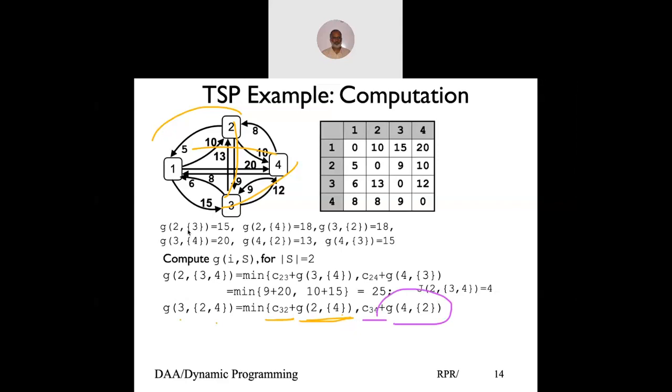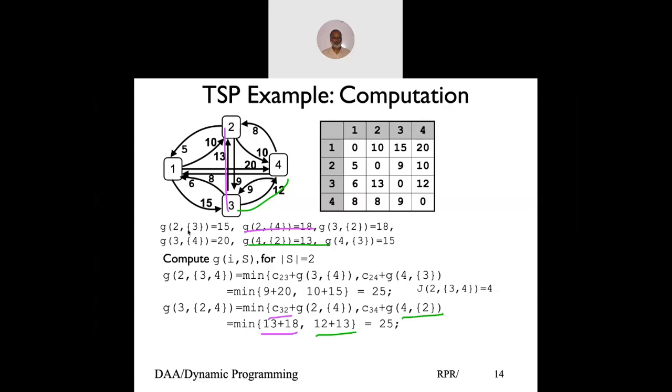So look at this here. C32 is 13, and G(2, {4}) is 18. So this gives me 13 plus 18, 31. Similarly, if I go from 3 to 4, it is 12, and then I'm left with 2, so G(4, {2}) is 13. So I get 12 plus 13, 25. Now the minimum: this is 31, this is 25, so the minimum is going to be 25.